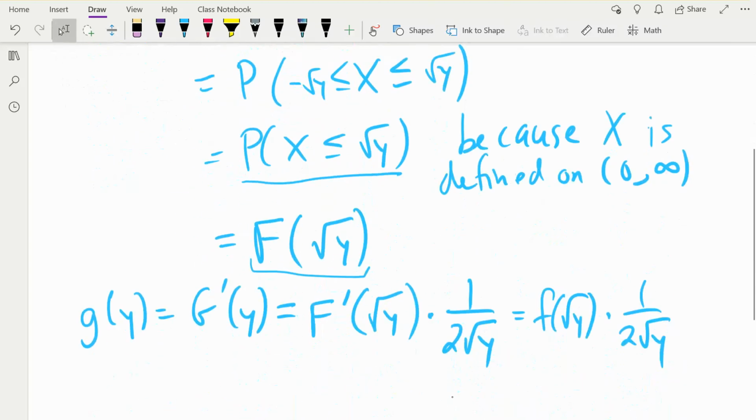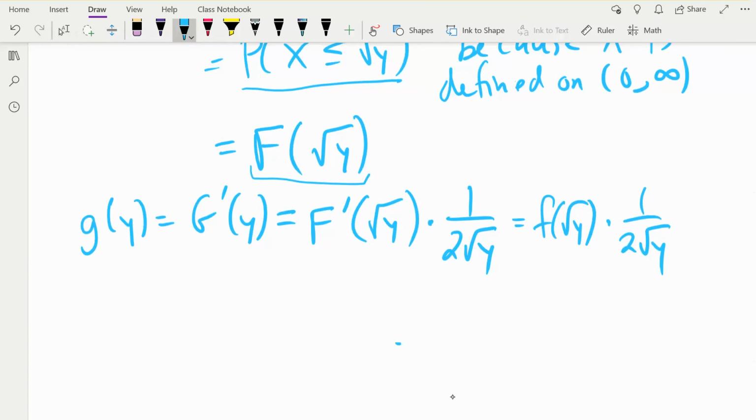So here, instead of x, we'll have square root of y, e to the minus square root of y squared, because it was x e to the minus x squared for the PDF. And then we'll have times the 1 over 2 root y.